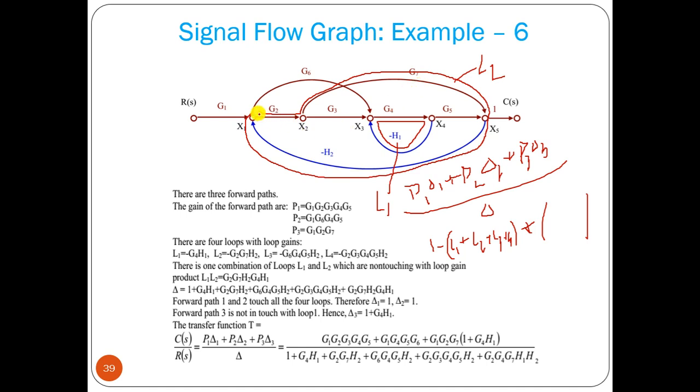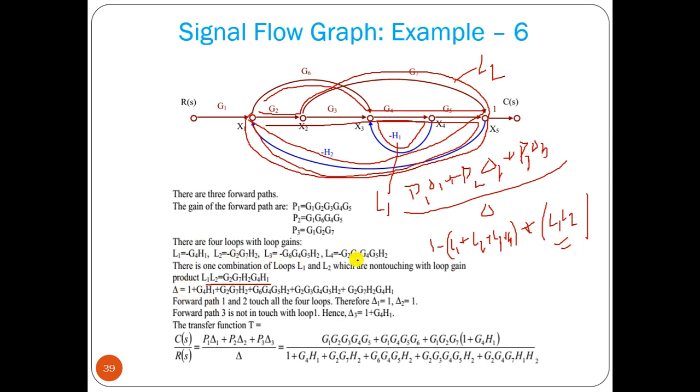Loop 3 means you are going this way, then coming back this way, so it is touching here. Loop 4 is this bigger one, and it is also touching. So loop 2 and loop 1 are non-touching with each other, and that gain we have to multiply. So here we have to write the gain of L1 times L2. So delta equal to what?